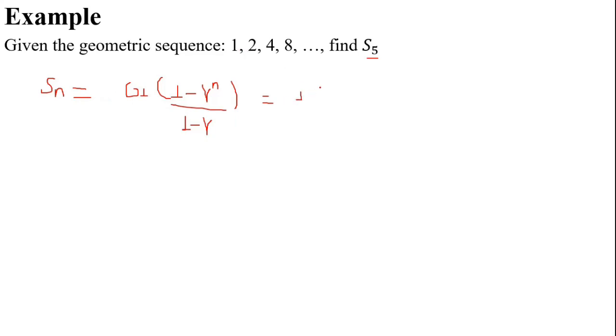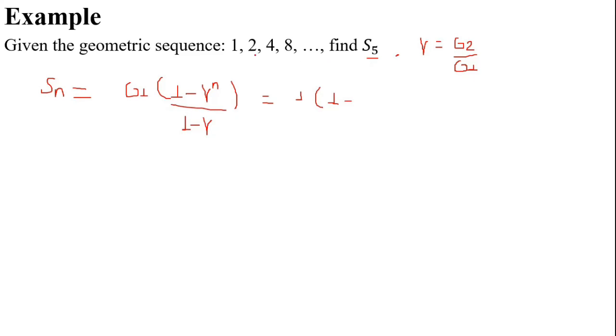So 1 times 1 minus r. We can find r as G2, the second term of this geometric sequence, over G1.